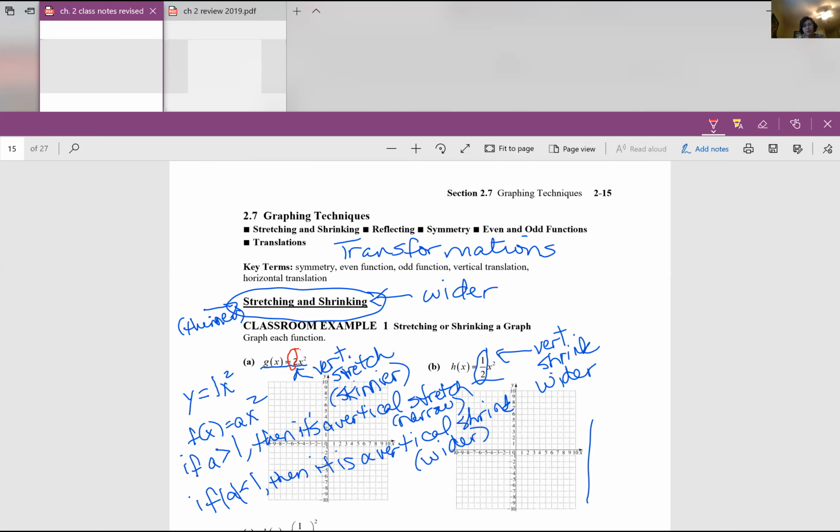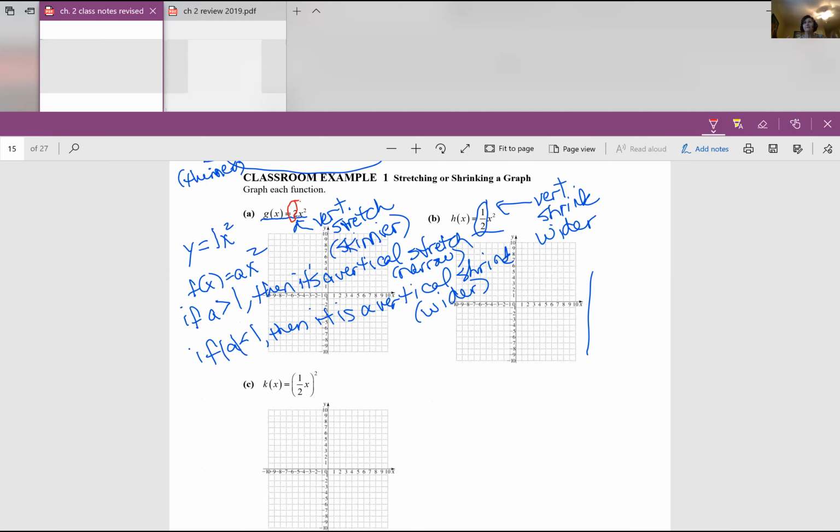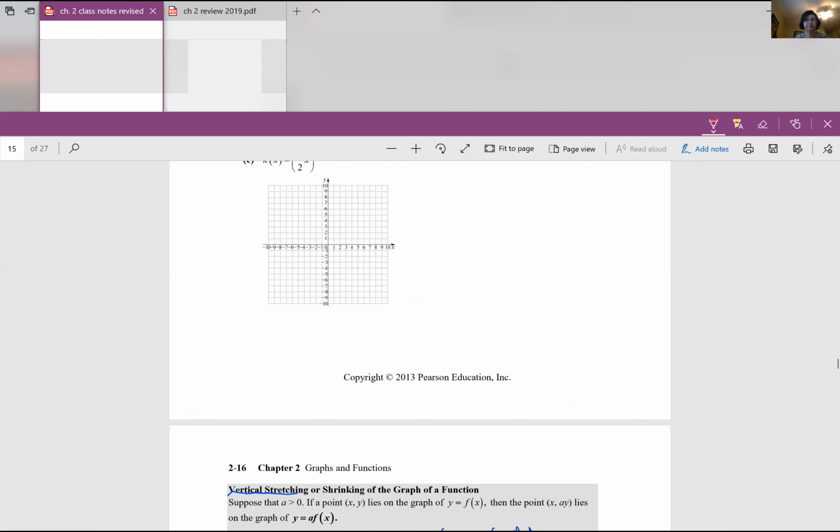If there's not a number there, it means that part of your equation has not changed from the original. You're not going to have to put these graphs on paper. You're just going to have to look at the equation and be able to answer for me, did it stretch or did it shrink? Okay, so far so good.